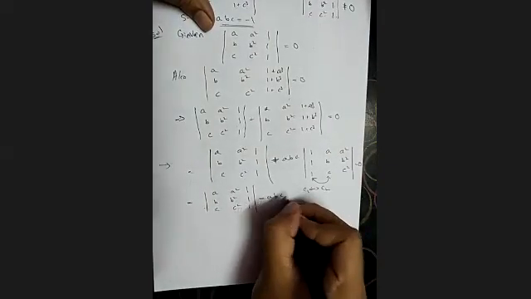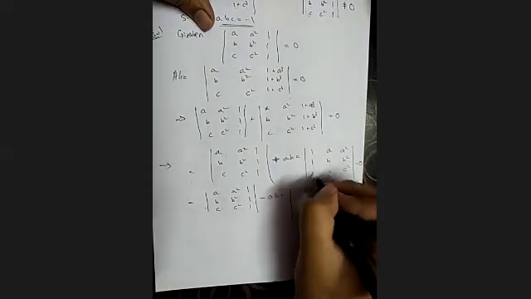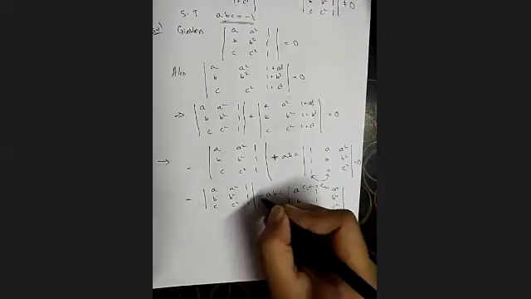If you interchange any two rows or columns, we will get a negative sign because this is a determinant.